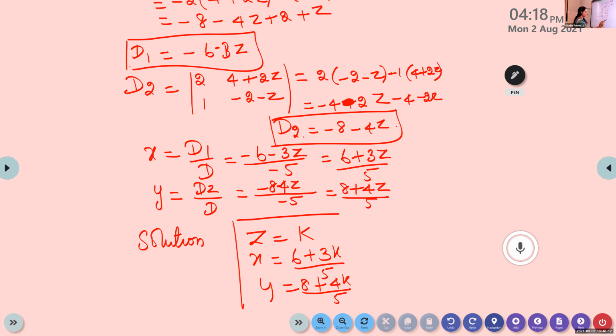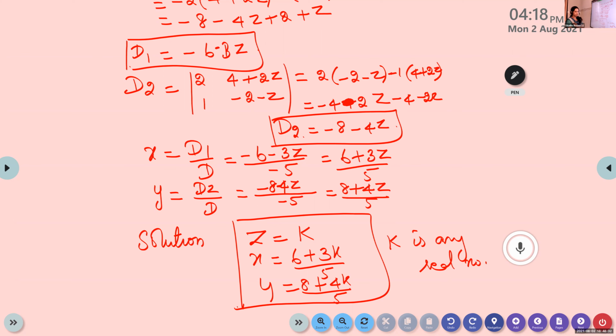K can take any real value, so we get infinitely many solutions. If you put k is 1, you'll get one solution. If you put k is equal to 2, you'll get another solution.